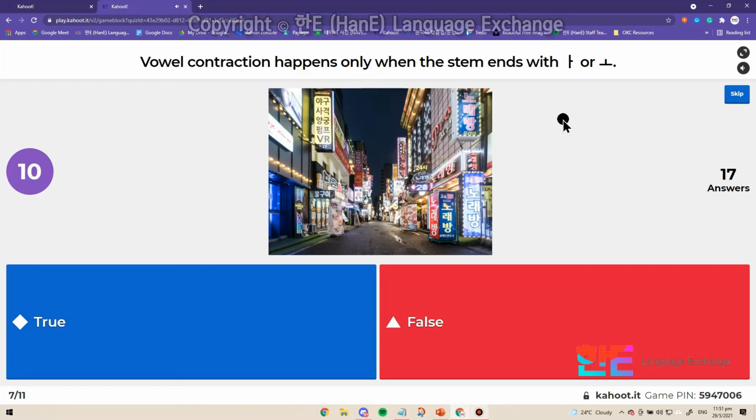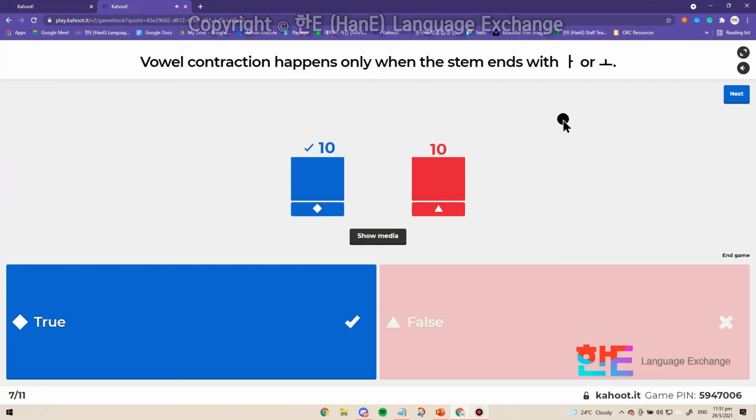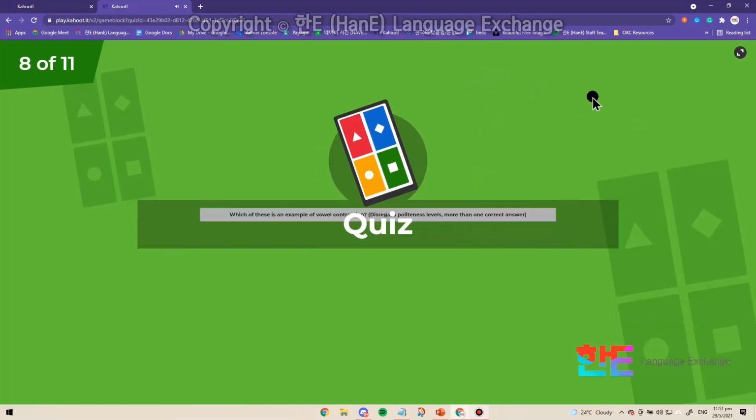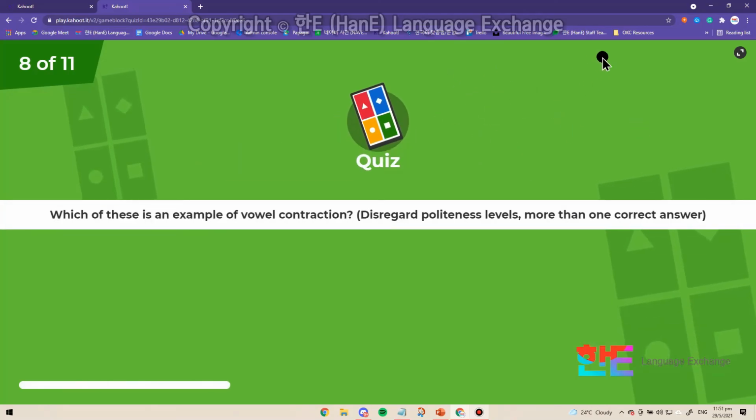This is kind of a trick question, by the way. Oh, damn. Remember the case, I think I have the explanation slide. Oh, I don't. But basically there's the case where it's O or E, remember?